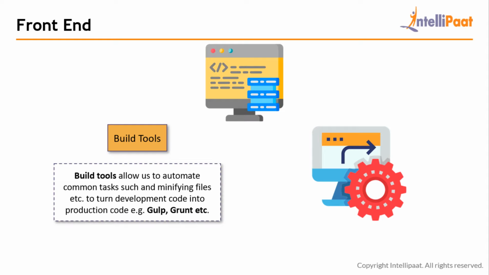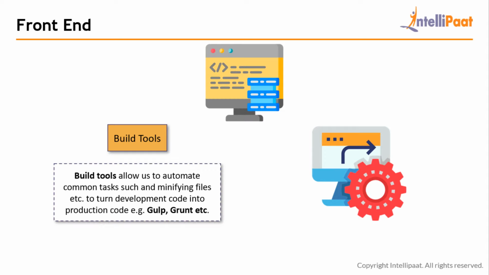What build tools do is remove all the white space from the code that you have. So all your JavaScript files and all your CSS files are minified. If you have multiple files, all of them are combined into one file so that the web application only needs to make one request to the server and get back the response.